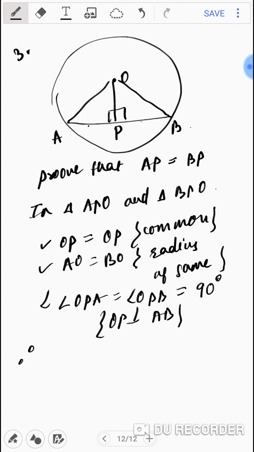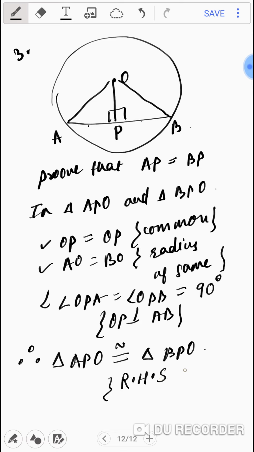Once you got the three reasons, what you will write? Triangle APO is congruent to triangle BPO by which test? RHS test. Right angle hypotenuse side, because you have hypotenuse equal. AO is the hypotenuse, BO is the hypotenuse. Both hypotenuse are equal. Then you have 90 degree in both the sides and you have taken OP side.